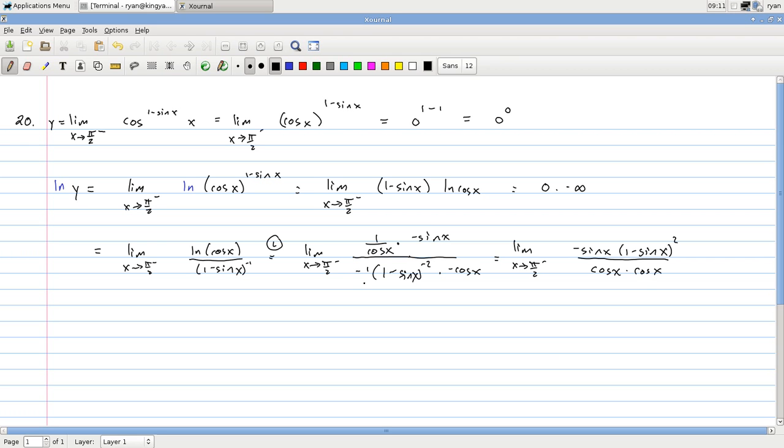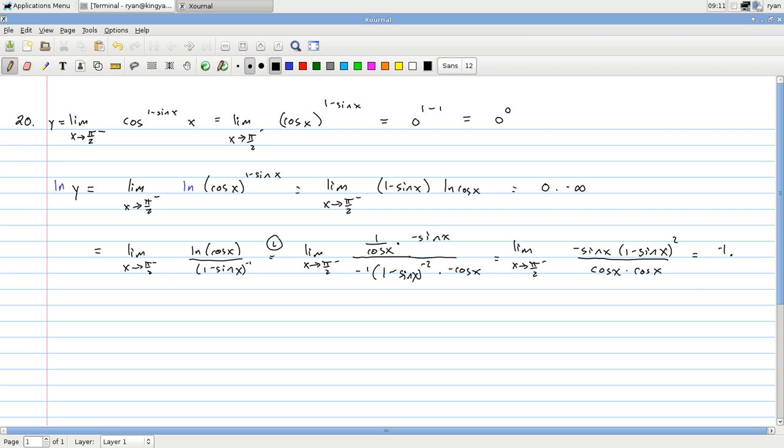And I see that in the denominator we've got a negative times another negative, so the negative signs cancel, leaving us just this.